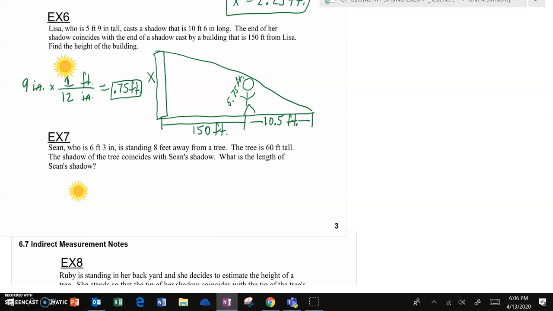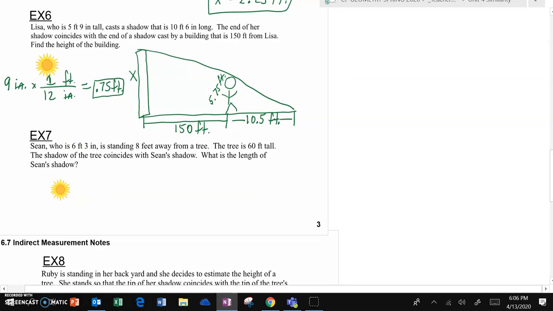And so now, after I did all my converting, I can go ahead and set up my proportion. All right, so I want to know the height of that building. And this time I'll do x over 5.75. Then I've got to do the bottom of that big triangle. So if I add up 150 plus 10.5, I get 160.5.